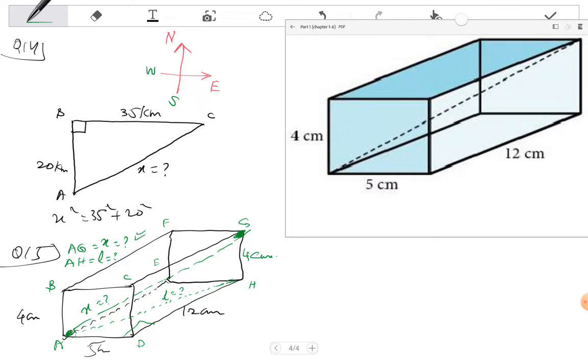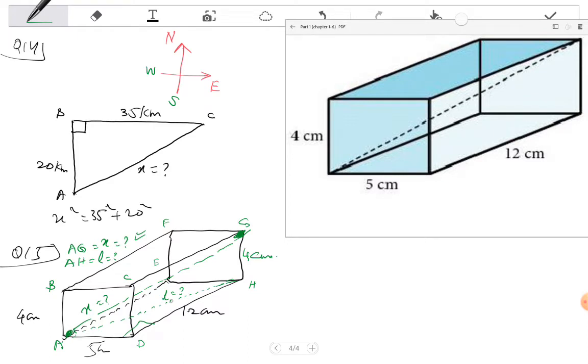Right? So in order to find the value of L, we have to consider a right angle triangle ADH. ADH is a flat right angle triangle on the base of this cube. So the hypotenuse can be calculated as L. And now you should consider a vertical triangle AGH, in a vertical plane, where the hypotenuse is x.